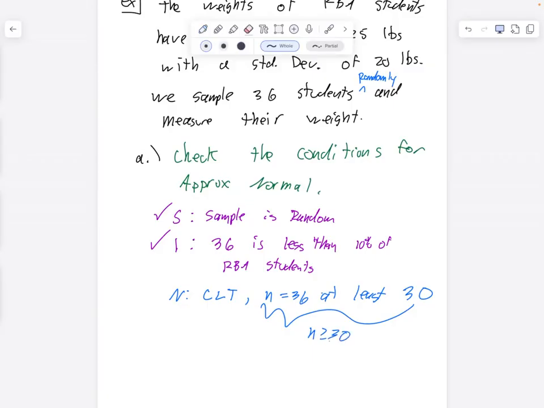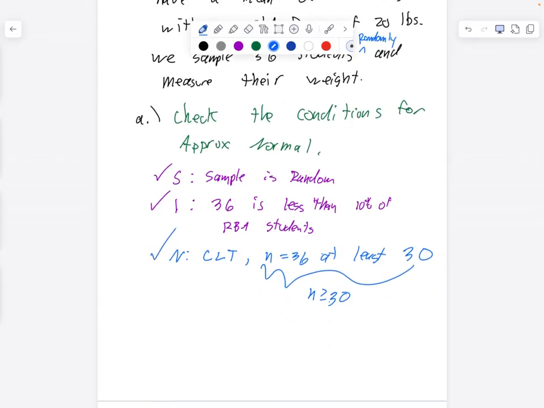What is the mean of X bar? What is the mean? No, what is the mean? Read the question. I stated to you, 125 pounds.